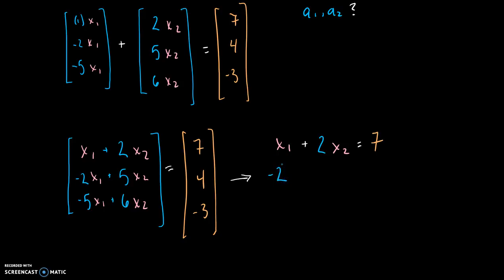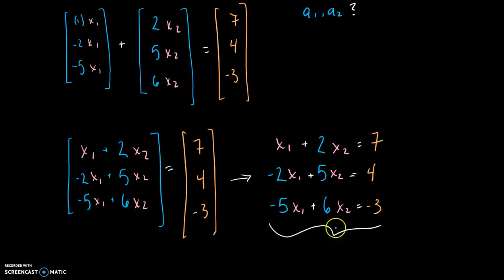Then we have negative 2x1 plus 5x2 is equal to 4. And then finally we get negative 5x1 plus 6x2 is equal to negative 3. Now this is starting to look like something that we've seen before, isn't it? This is just a system of linear equations.